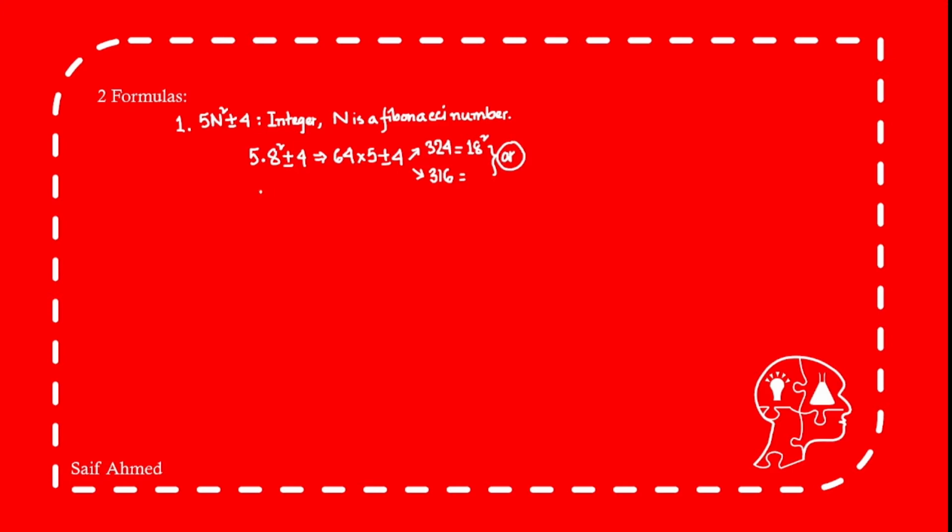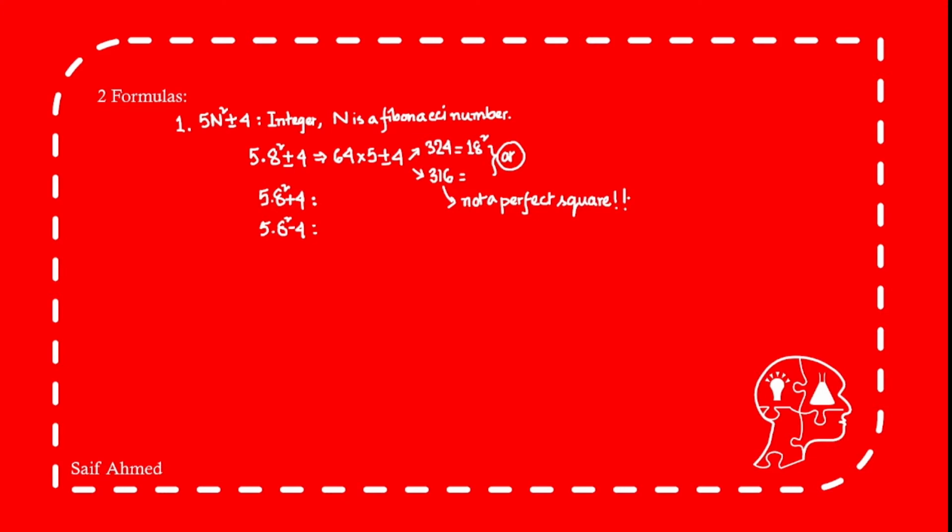So either 5 times 8 squared plus 4 will be a perfect square, or 5 times 8 squared minus 4 will be a perfect square. That means it is not mandatory that both need to be perfect squares. As you can see, this 316 is not a perfect square. So here goes our first formula.